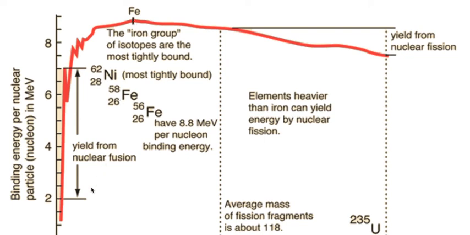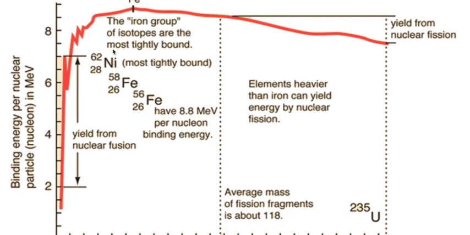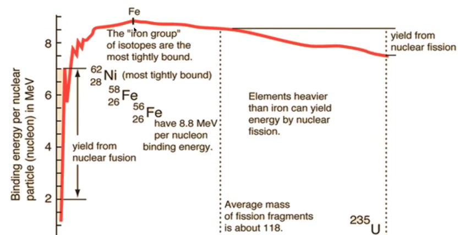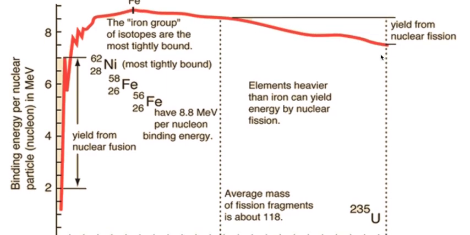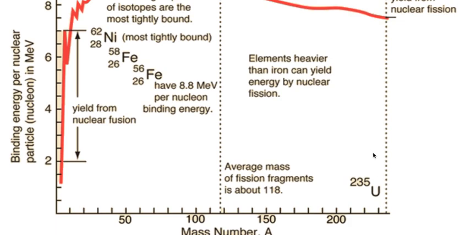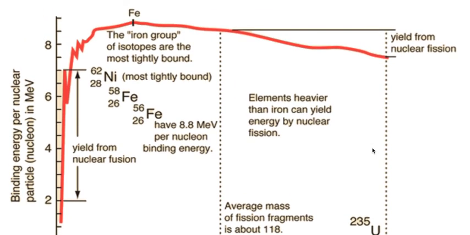So it turns out that everything leading up to iron with its maximum binding energy, these are the things that are going to do fusion. These are the smallest atoms on the periodic table. And then when you go to the right of iron, you'll see that the binding energy drops gently down to uranium, which is a very famous nuclear fuel that we use.